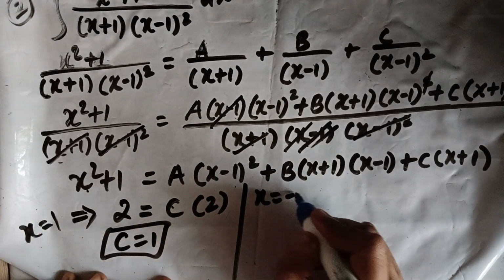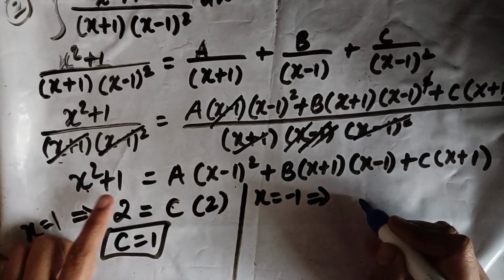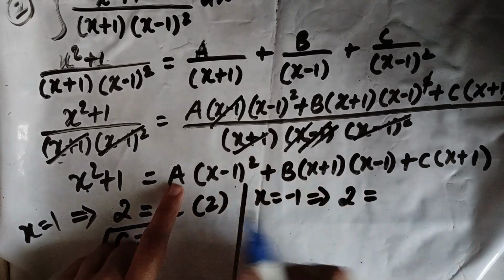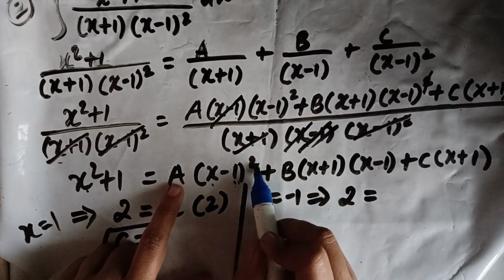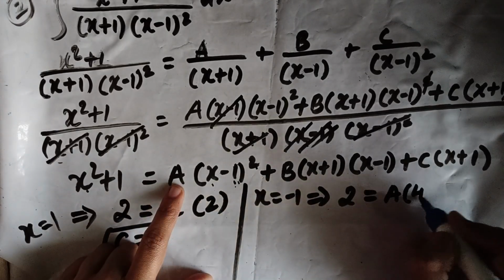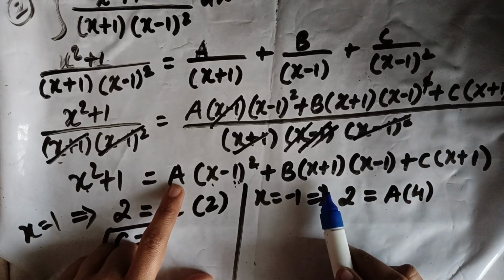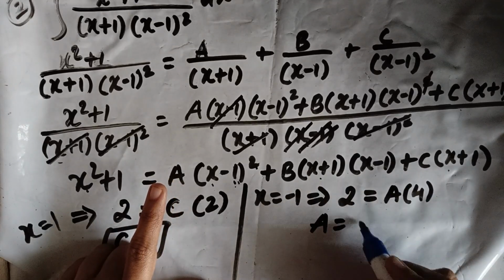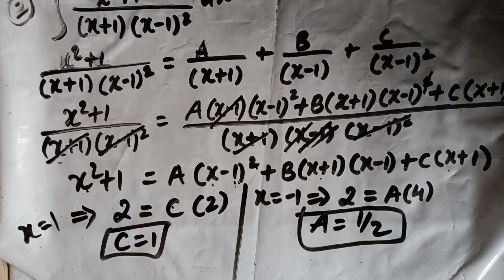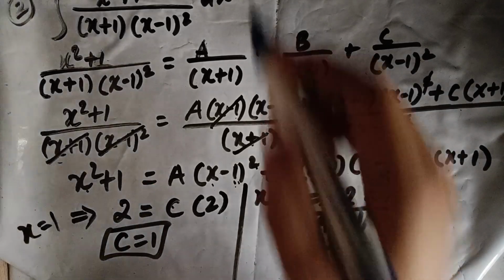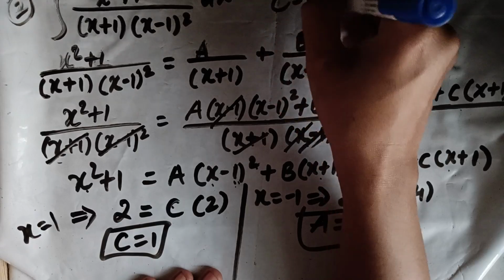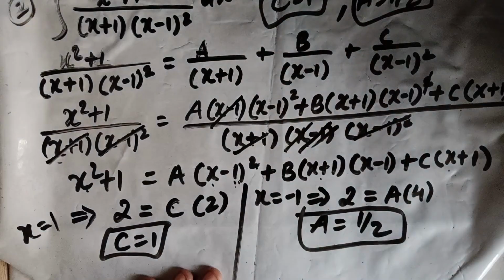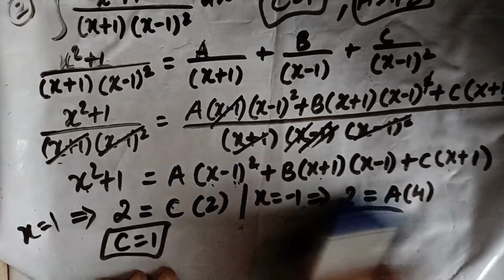When you put x equal to minus 1, you get 2, and on the other side minus 1 minus 1, minus 2 square, so this is 4. This is 0, this is 0. So A is equal to 2 by 4, which is 1 by 2. So we got the values of C and A. So C is 1 and A is half. We want B.